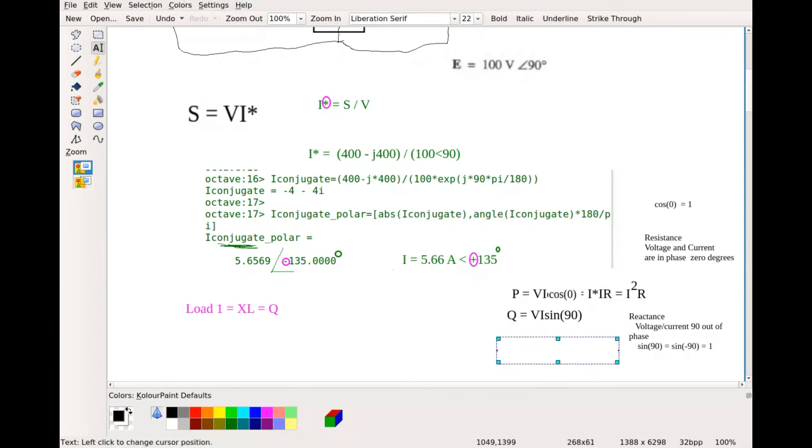All right, and so when we look at Q, we can say that Q is equal to I times our X of L, or X of C if it's a capacitive piece. There's X of L here.